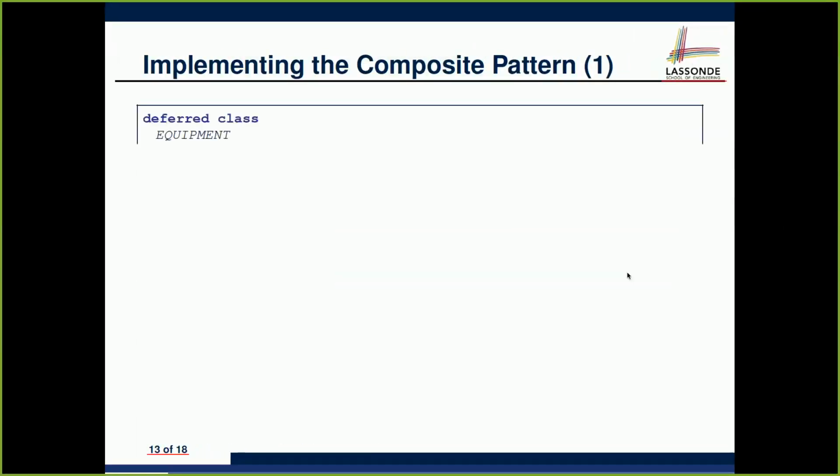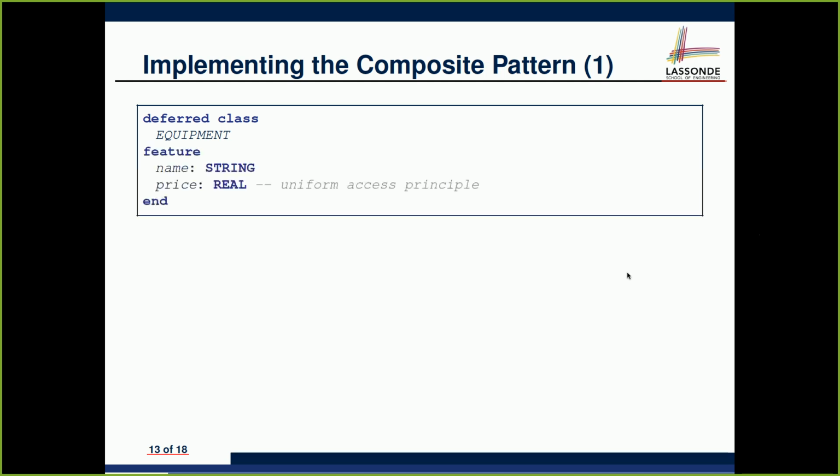Okay, let me just go over the code very quickly with you. So we've got the deferred class code equipments, and also we've got name and price. So you can see the price over here. Price is now going to have two possible versions. Either we're talking about the price for base cases, maybe the price for a single video card, or maybe the price for a single disk drive.